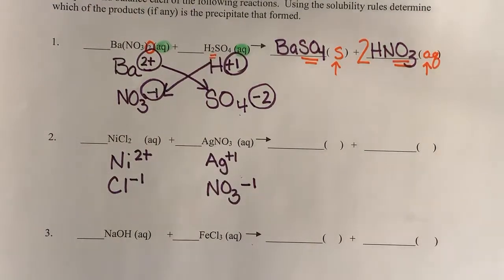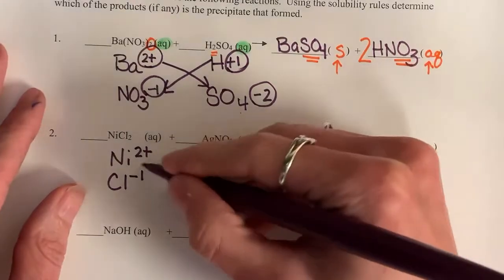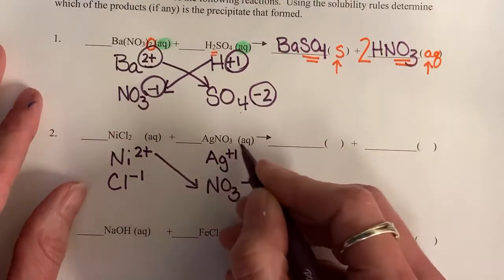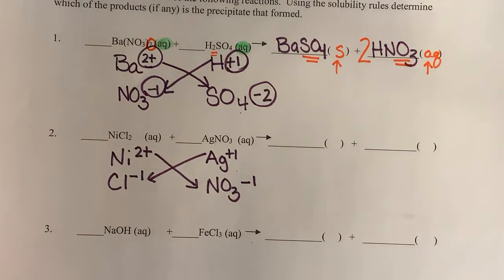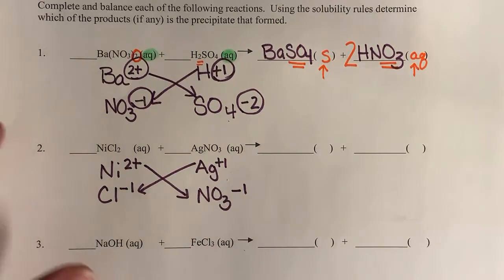So everybody's dissolved in water, everybody's aqueous, so they break apart into ions. I switch partners, positive to negative, positive to negative. When they switch, I have to keep track of charges.